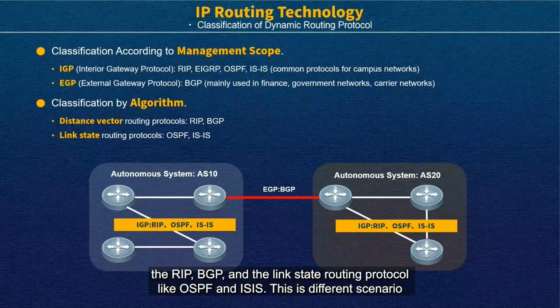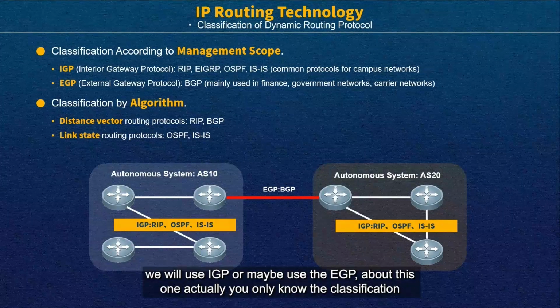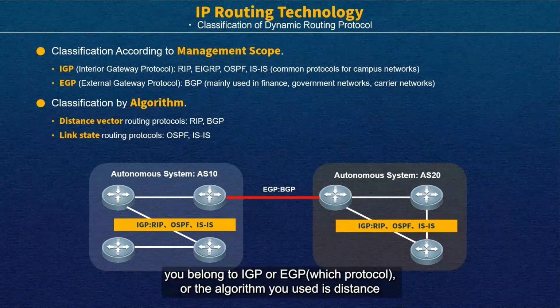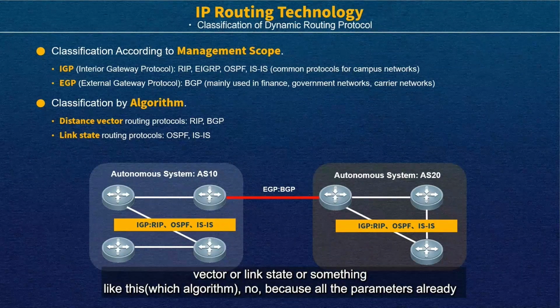These are different scenarios where we use IGP or EGP. About this, actually you only need to know the classification, because when you do the configuration, you don't need to add a command to let them know you belong to IGP or EGP, or whether the algorithm is distance vector or link state, something like this.